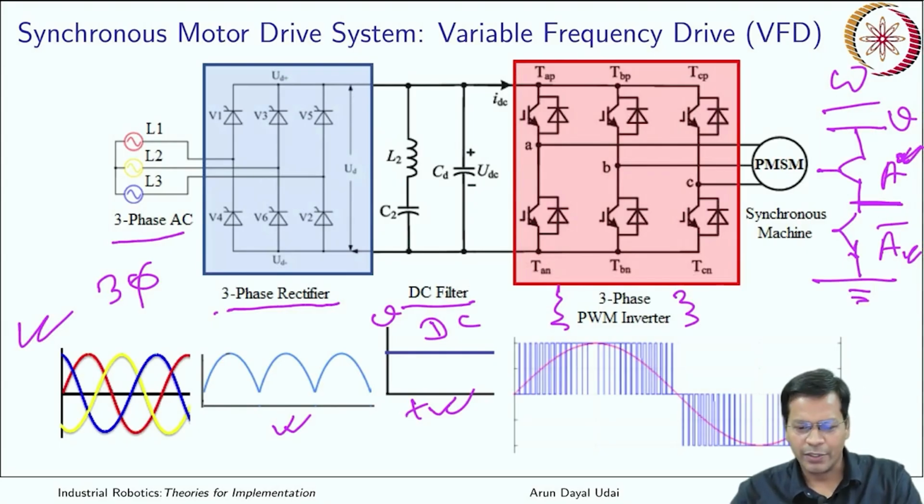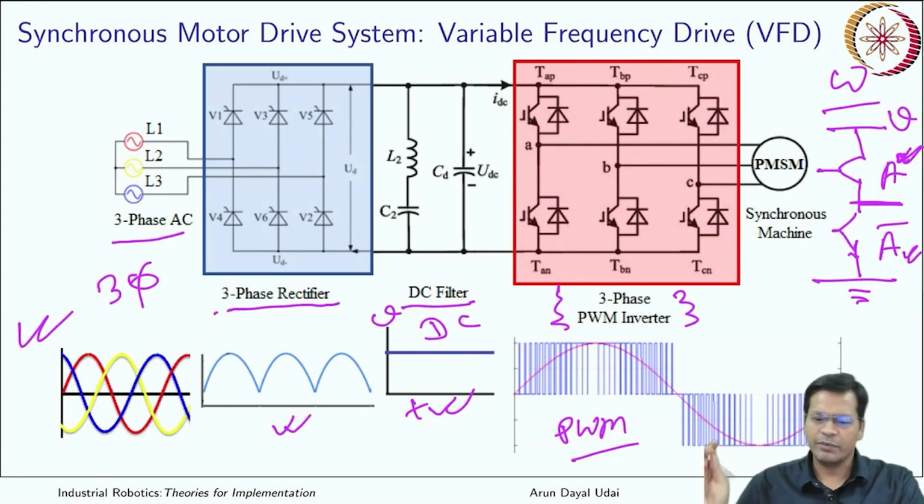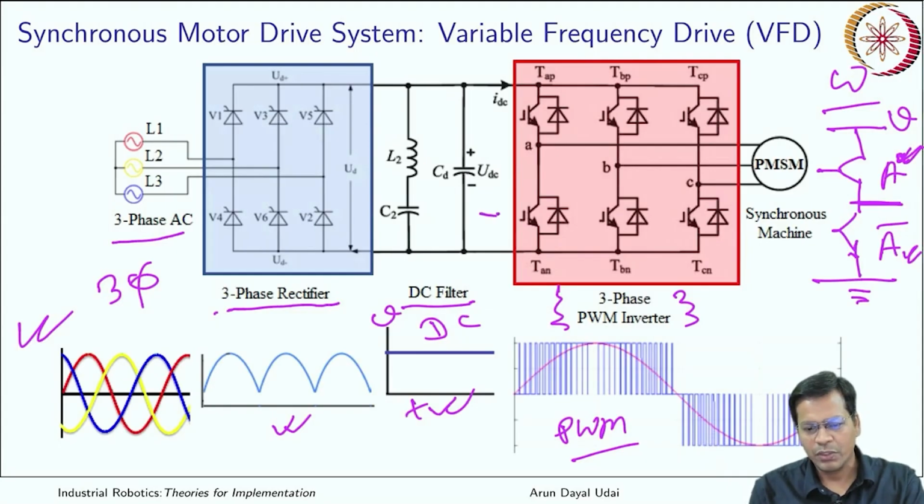In order to do that, each one of them is supplied with a PWM signal, a pulse width modulated signal, which is nothing but a variable duty cycle square wave signal. So you see the density varies like a sine wave. The equivalent voltage that goes here and here is controlled. So what is happening here?